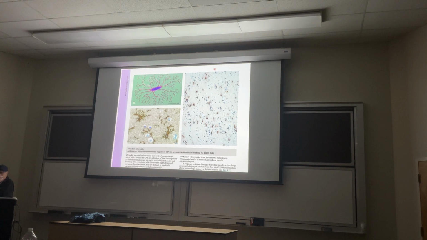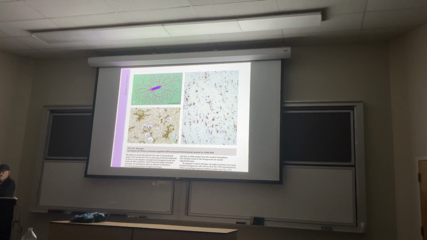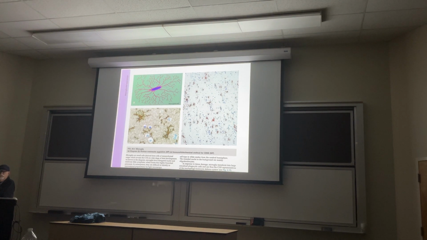And those are only found in the central nervous system? That's right. Microglial cells, astrocytes, oligodendrocytes, and ependymal cells are only in the central nervous system. Schwann cells and these capsular or ganglion support cells, they're only in the peripheral nervous system.